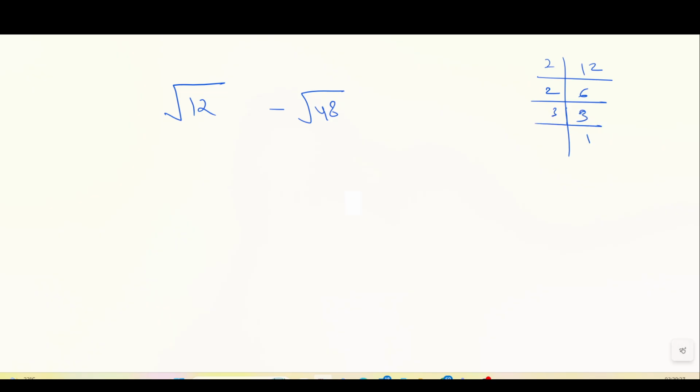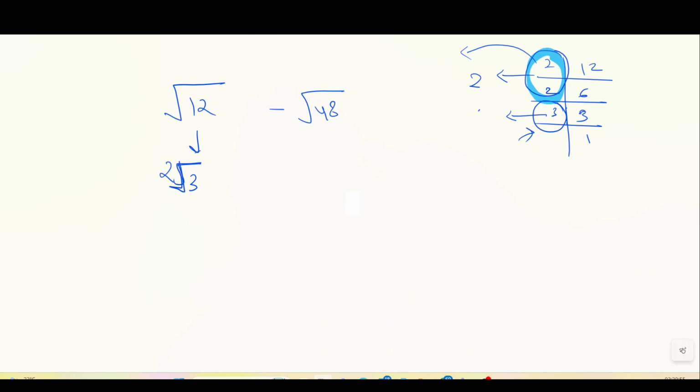So we see there is one group of 2, so we write it one time, and 3 is just 1, there is no group of 3, right? So 12 can be written as 2 square root 3, because there is a group of 2, so we can take it out of the square root and 3 will remain inside the square root.